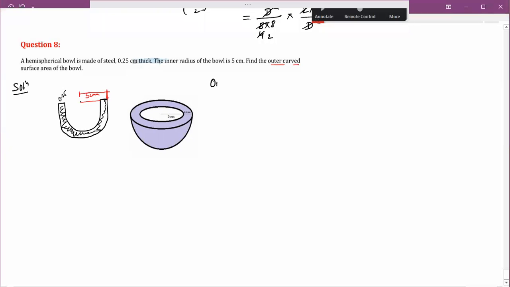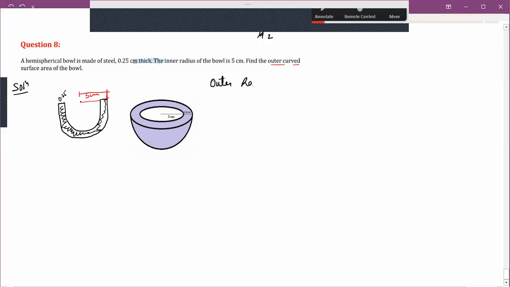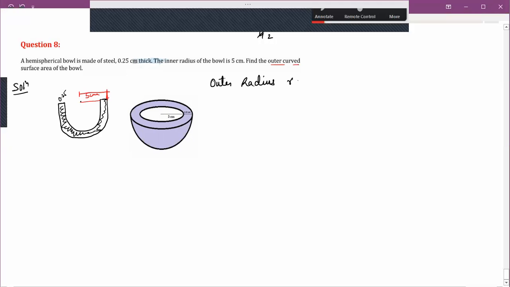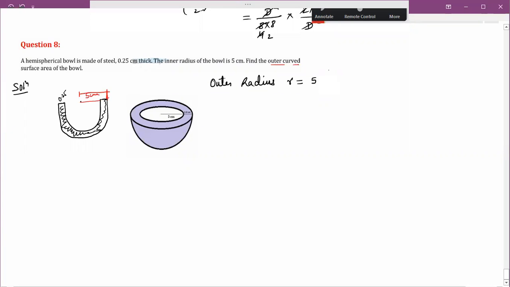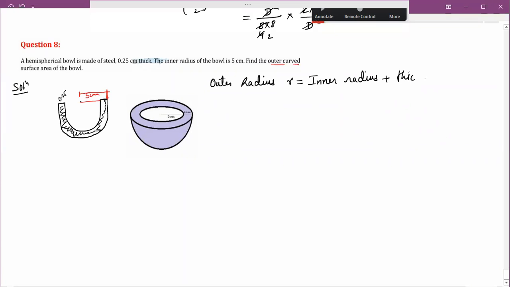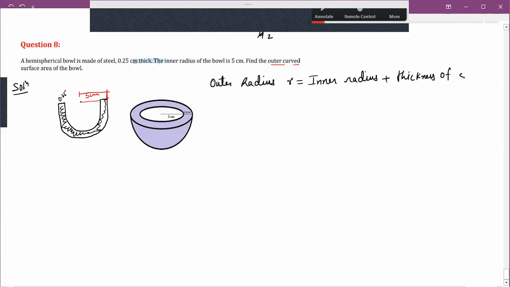So our outer radius, we are considering r is equal to inner radius plus thickness of steel.